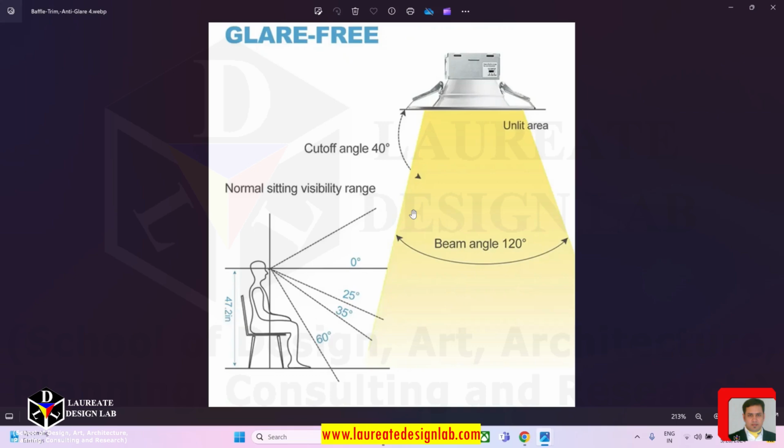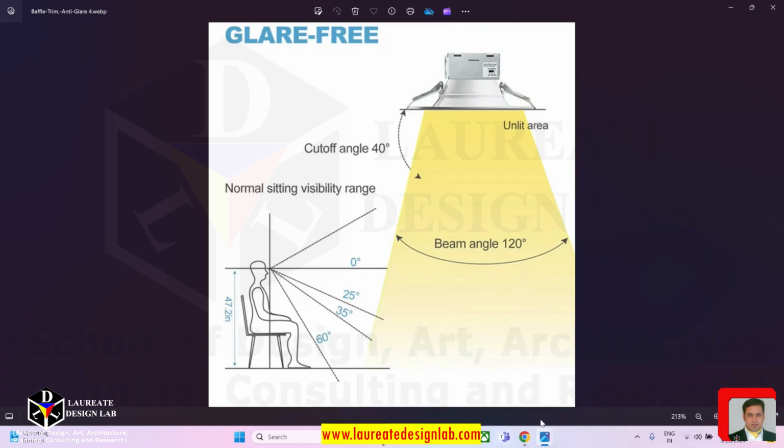It hits directly on the eyes, so that creates what? Glare. So making a cutoff angle is all about cutting off the direct hit of light on the eyes. Getting the point? Yes, sir.